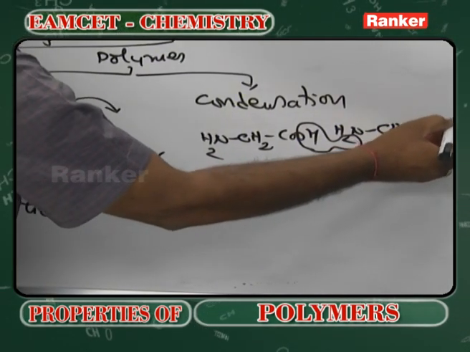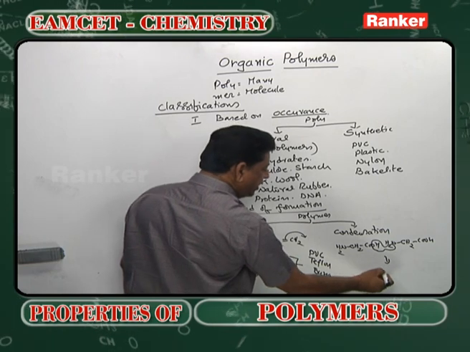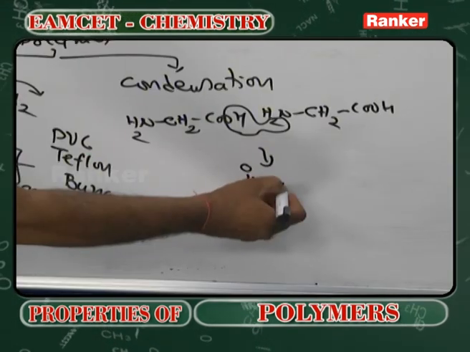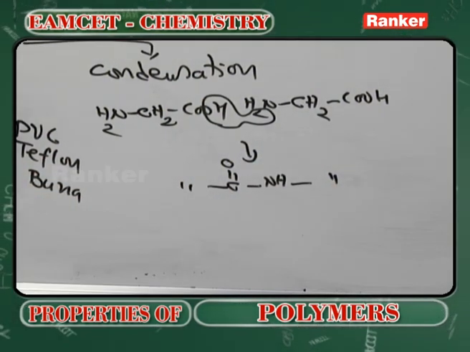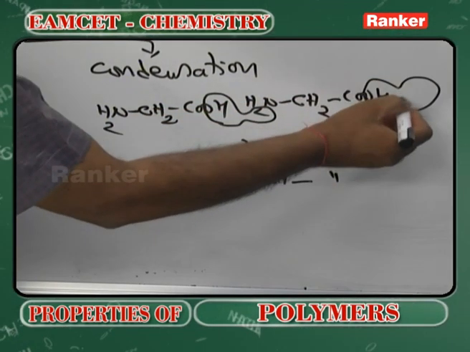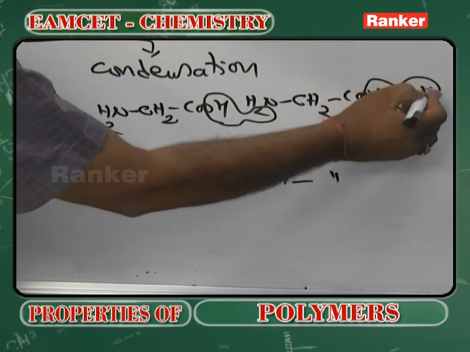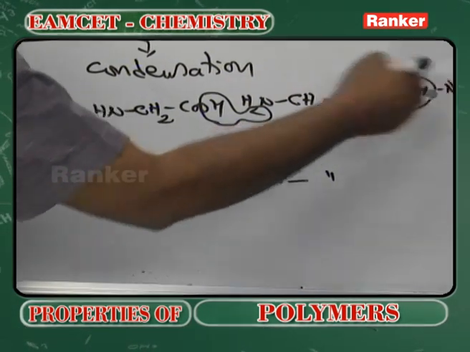However, here we have a continuation. What results is a CONH bond, and it is linked. The COOH again reacts with the hydrogen of another amino group, and so on; it continues.